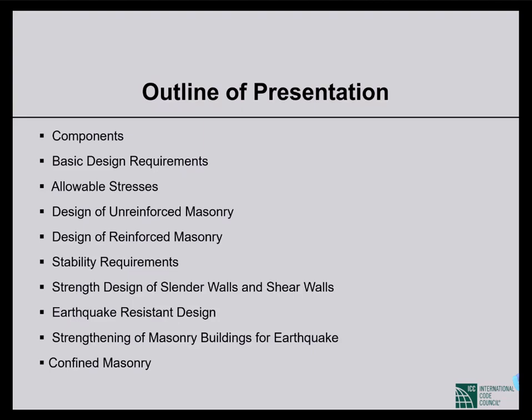Then there are provisions for earthquake resistant design. These provisions are actually for unreinforced masonry. So we have to use some minimum amount of reinforcement even for unreinforced masonry construction for earthquake resistant design in seismic zones 2, 3, and 4.